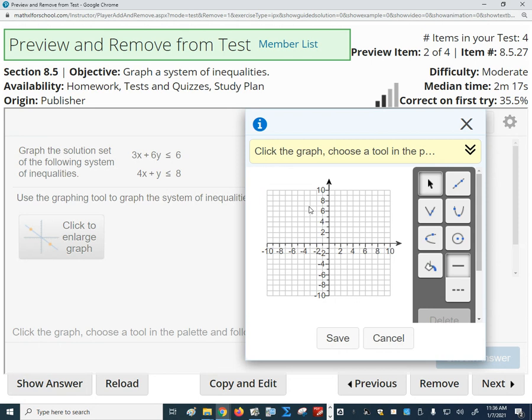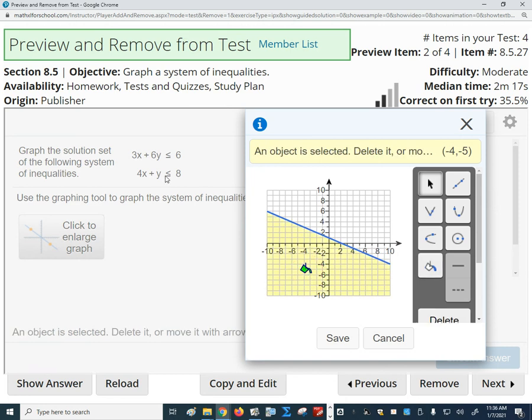So that first one was y equals negative 1/2 x plus 1, correct? Yeah. Okay, so I'm going to do y is less than that, negative 1/2 x plus 1. Everybody agree I'm going to have a y-intercept at 1. My slope is negative 1/2, so I rise by negative 1 and run by 2, and it's a solid line. So there's my first one. And I could shade below.